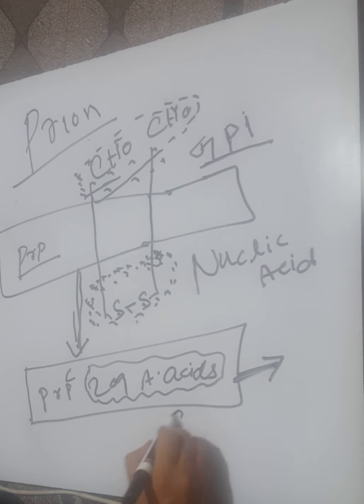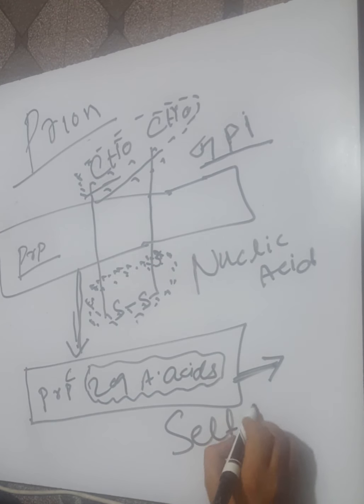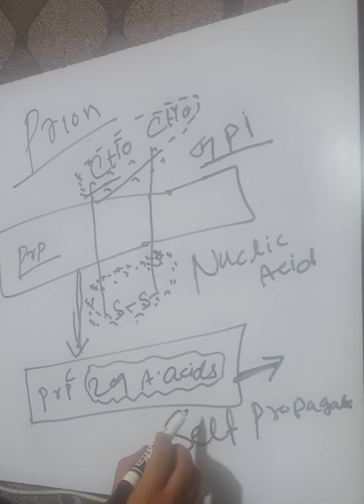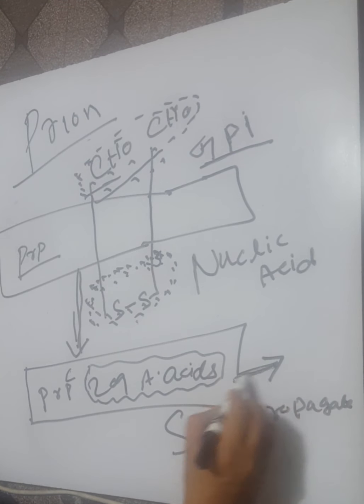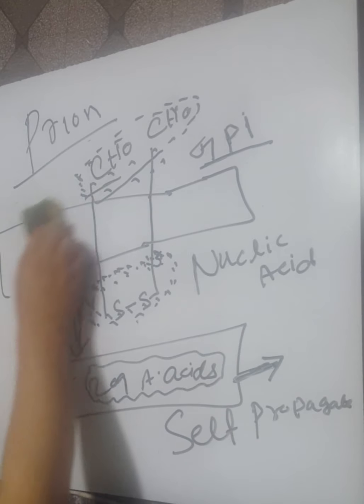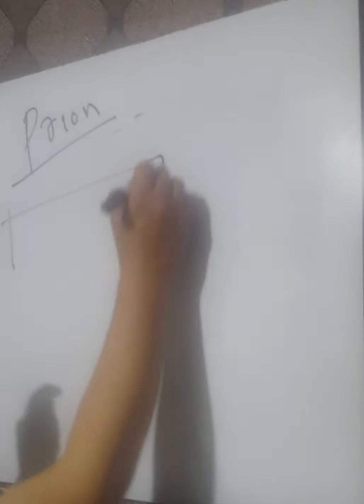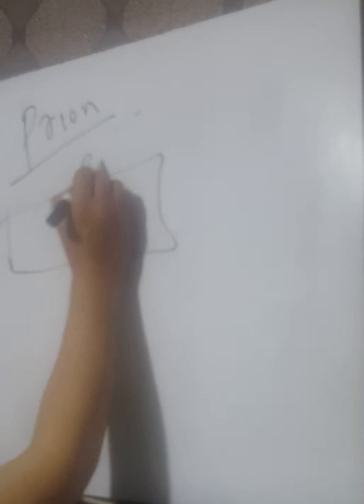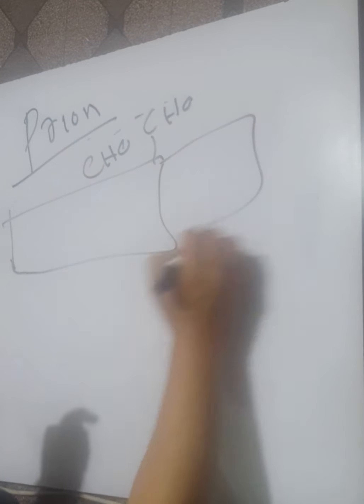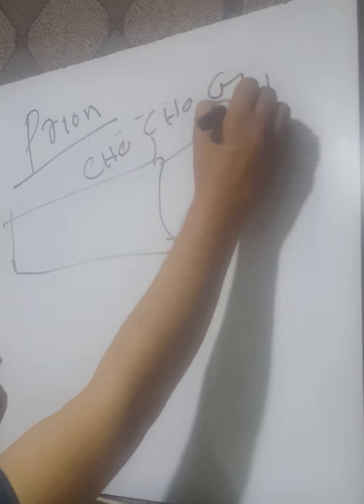They self-propagate, and this structure will change into another structure. Now I draw another structure. This is the normal prion, that is CHO and GPI.